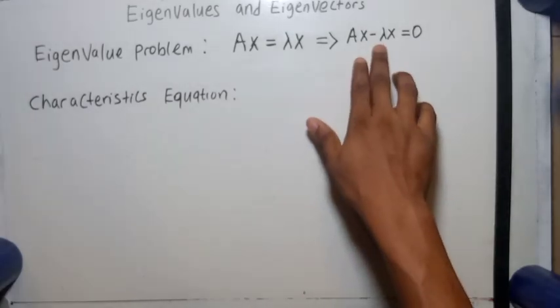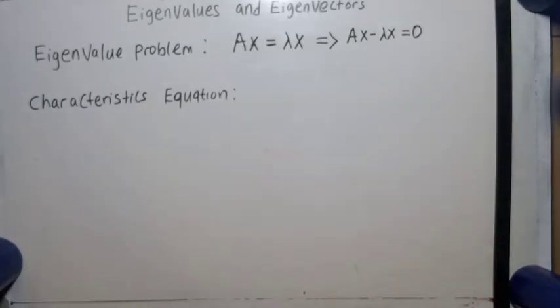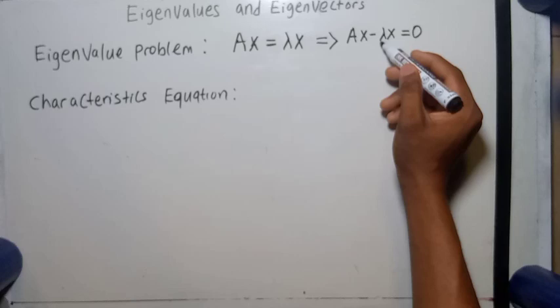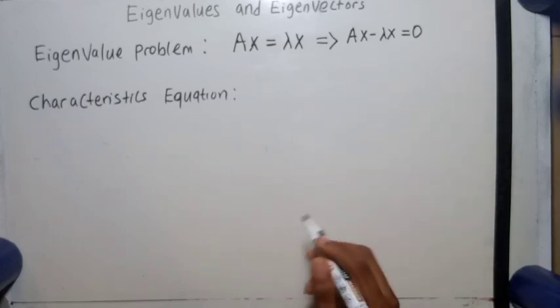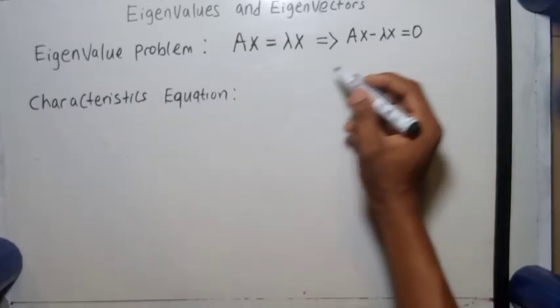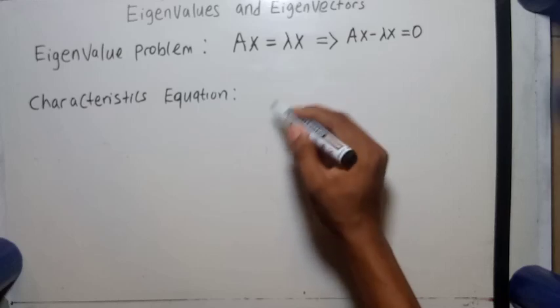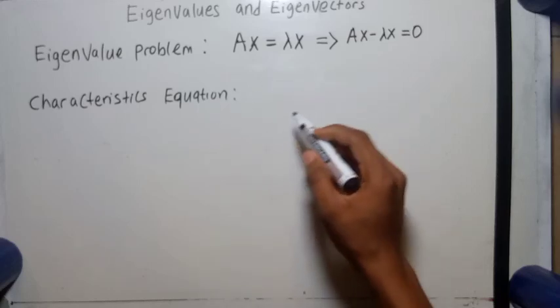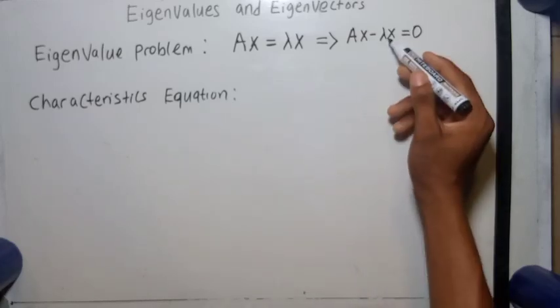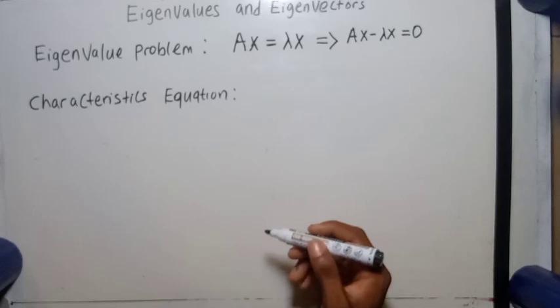You can also go further to factor out our x, and remember that your lambda is a scalar. So to make it in a matrix form, or to make it a vector having rows and columns, we are going to be multiplying by the identity matrix.